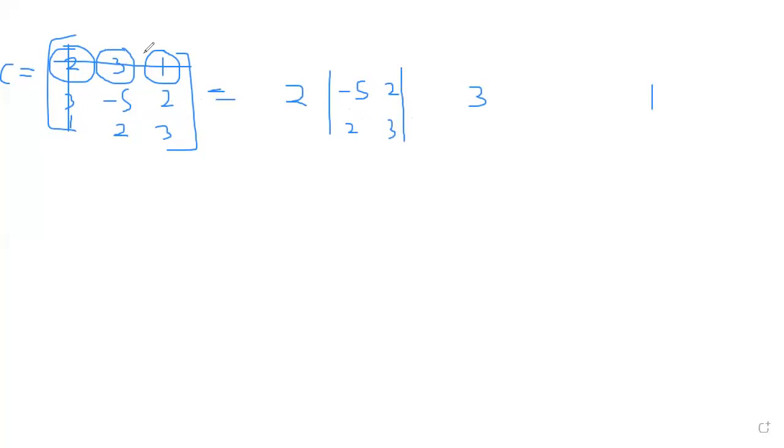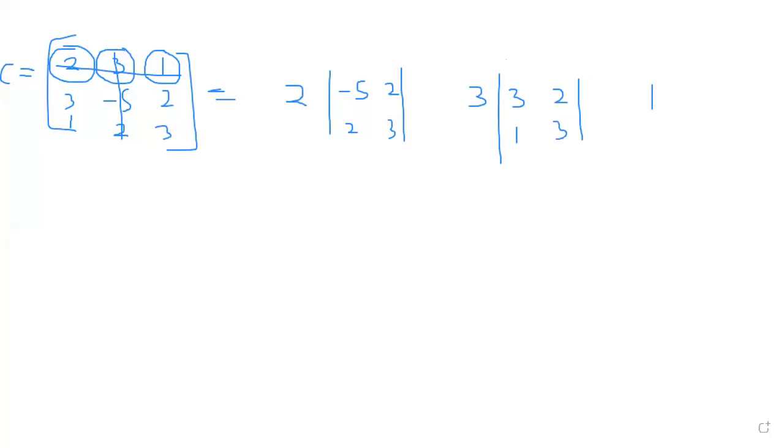Then we go to the next one. Good. Because this time we are picking 3, you delete this column and this row, and then we form a smaller matrix, a minor matrix. 3, 1, 2, 3.